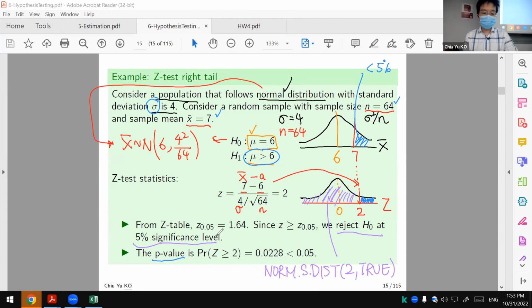So this one way you call the p-value. But usually there's another way to look at it. Instead of looking at the area, you actually want to see if 2 is too big or too small. What you are doing the other way around is what we call the critical value method.